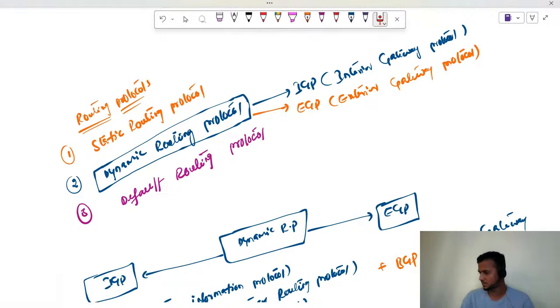First, in today's session, we will discuss the static routing protocol, do a deep dive, and perform each and every lab as well. Don't worry about the labs part.